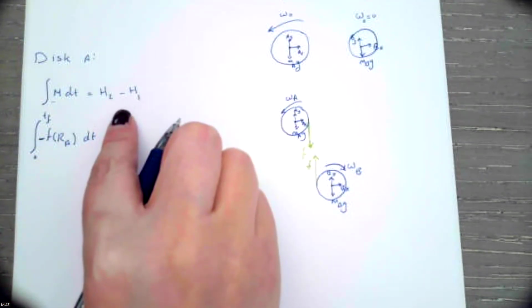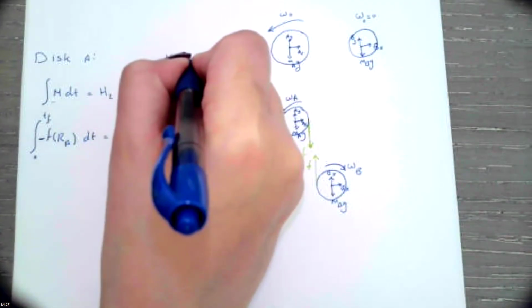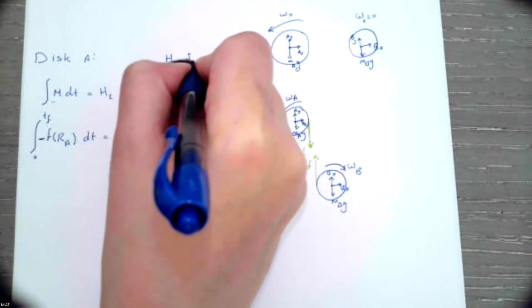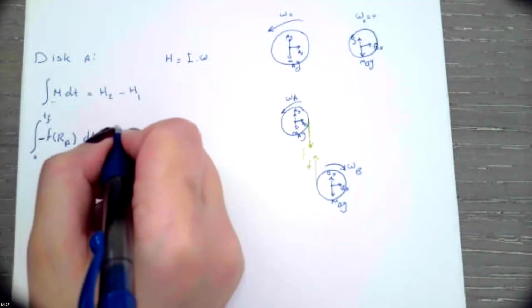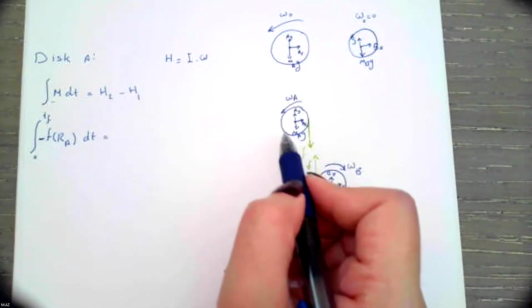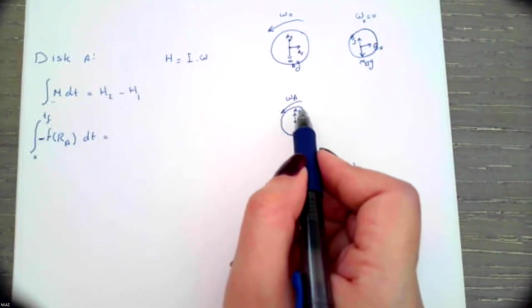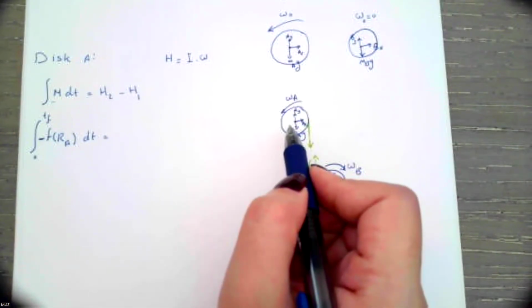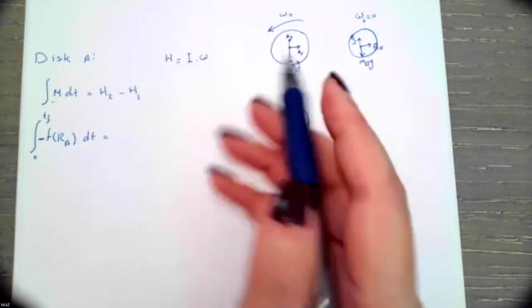How about the H? H is the angular momentum and is found as the moment of inertia times omega. For disk A, the figure is shown after the contact. Disk A keeps rotating counterclockwise, so the sign of omega is positive.